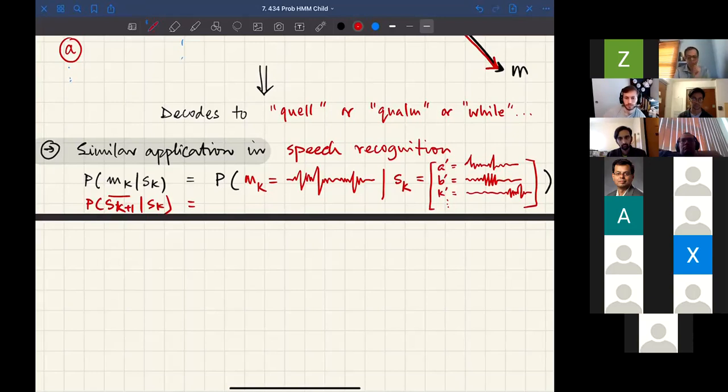So you say, okay, the probability of S_{K+1} equals j given S_K equals k is 0. Right? Maybe in a different language, in Swahili, there are words that are kaja, right? Then for that language, you will update your state transition probability.